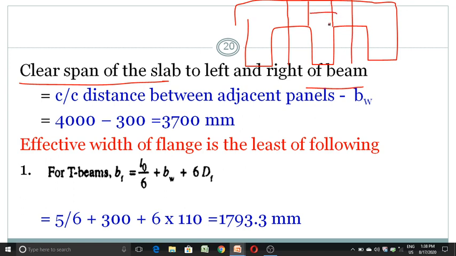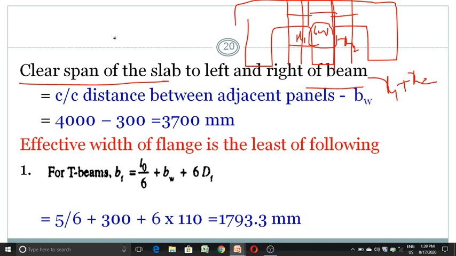This is the BW, and this is x1, the clear span from the side of the beam web, and this is x2, right? We have to calculate these, but what is given is the center to center distance between the two. If from the total distance you deduct this value, we'll get x1 plus x2. Finally, x1 plus x2 we have to calculate.